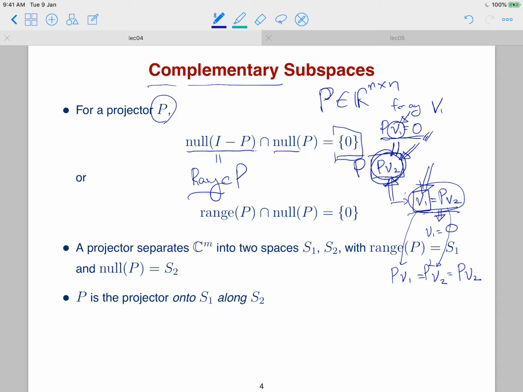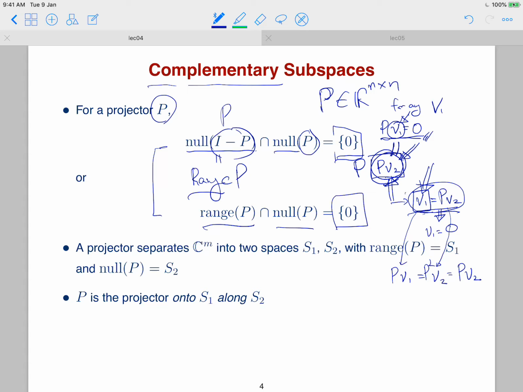But if we admit these two are true, then we can see that the null space of P and the range of P has no overlapping vectors, right?